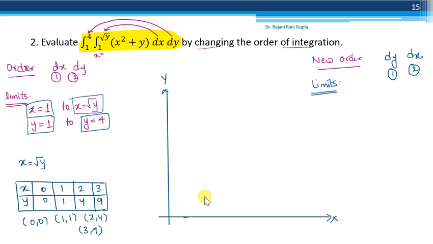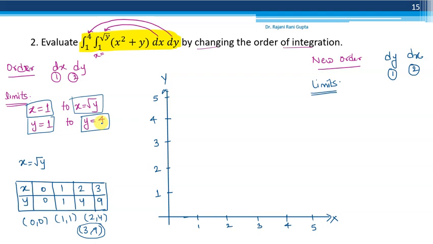I have adjusted the graph here because we need the value of y a bit higher, till 4. So let's say it's 1, 2, 3, 4. 1, 2, 3, 4, 5. Similarly, let's take the value of x here: 1, 2, 3, 4, 5. So x equal to 1.